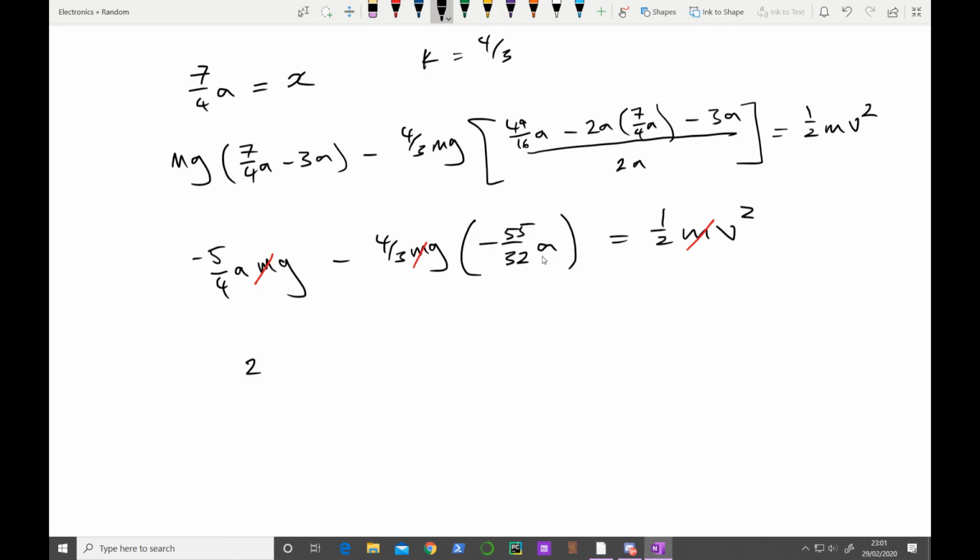And that's going to give me 25 over 24 ag equals half v squared. Sorry, multiply it by 2. And we get 25 over 16 ag square rooted equals v.